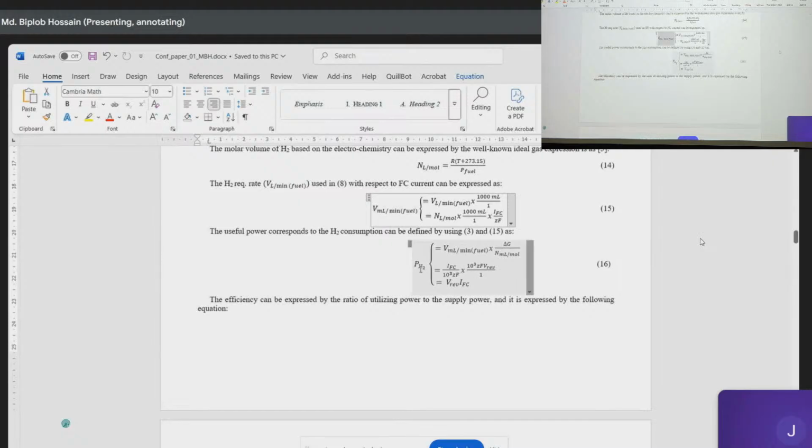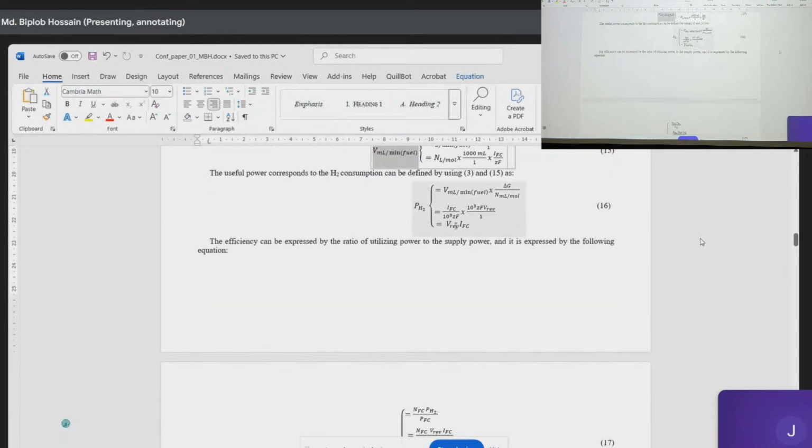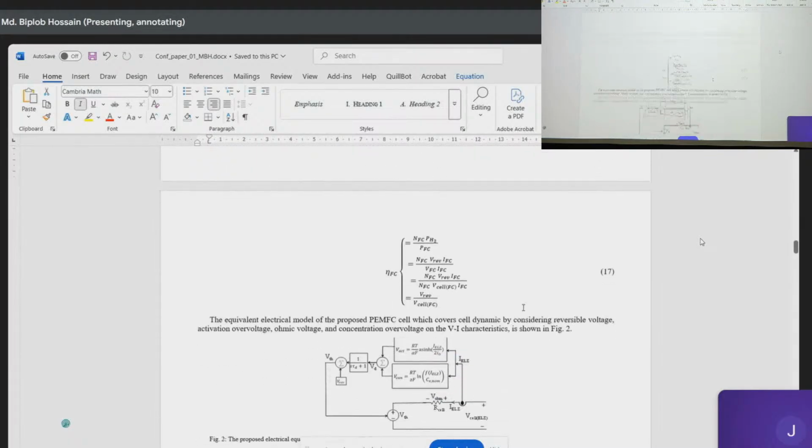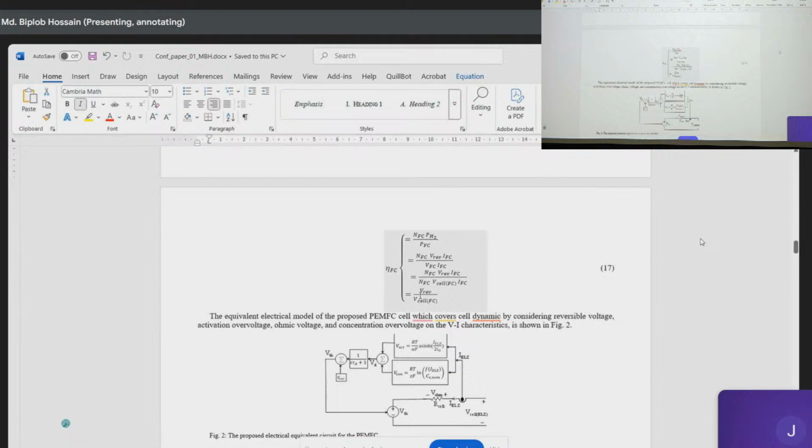This is the power supplied by the fuel cell, and here we can see it is based on the flow rate. So finally we can get the final equation: the current supplied by the fuel cell multiplied by the reversible voltage. This is the power. Then the efficiency is the ratio between the nominal case and the measured case.